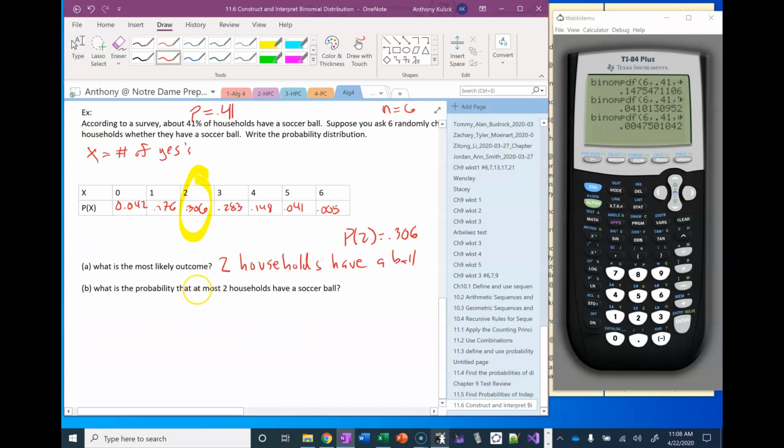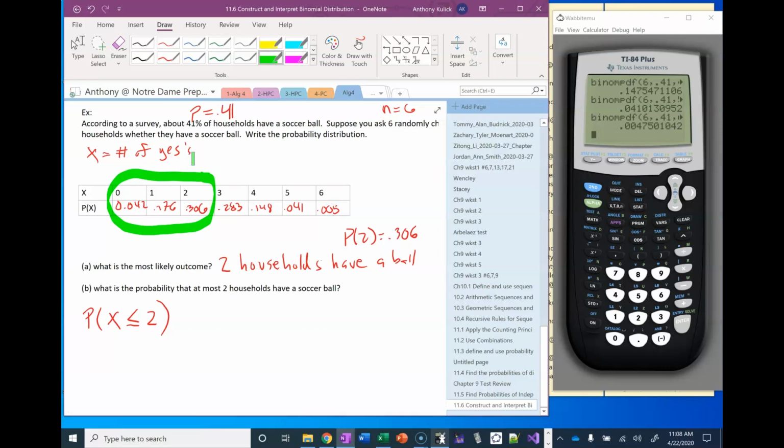And the probability that at most 2 households, so at most is less than or equal to, at most 2 households have a soccer ball. So that's going to be these ones. So I could add those together, or in the case that you didn't write out the whole probability distribution, which there's no reason you need to do that. It was just kind of me demonstrating how to use this binomial PDF function on your calculator.